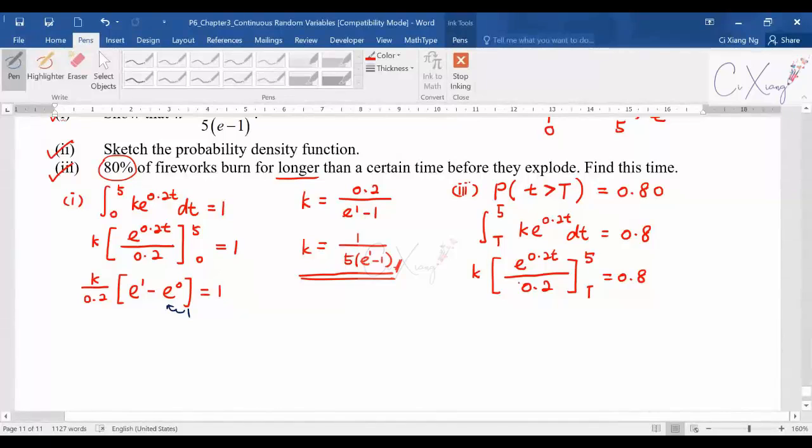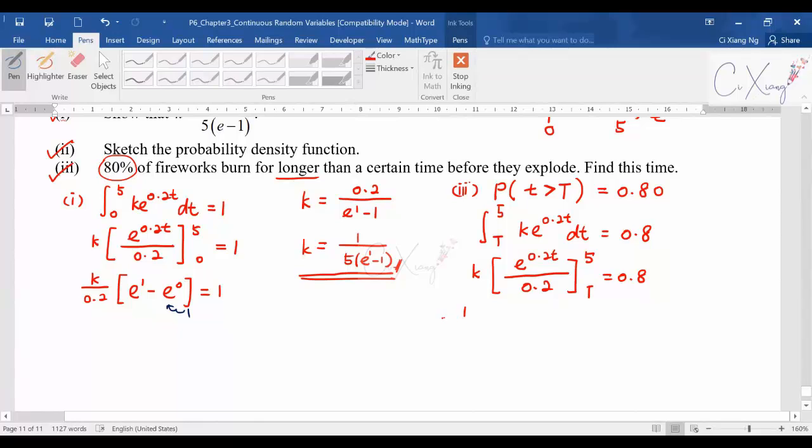If you bring out the 0.2 and multiply it with k, generally you have 1. You just substitute the value of k by this, and multiply with 0.2.